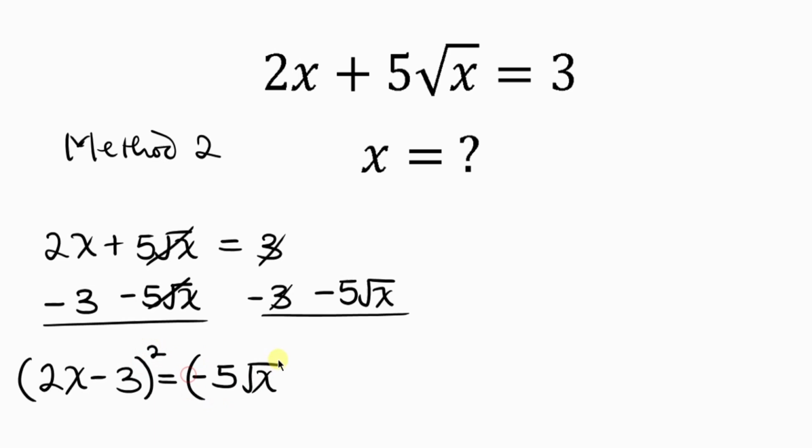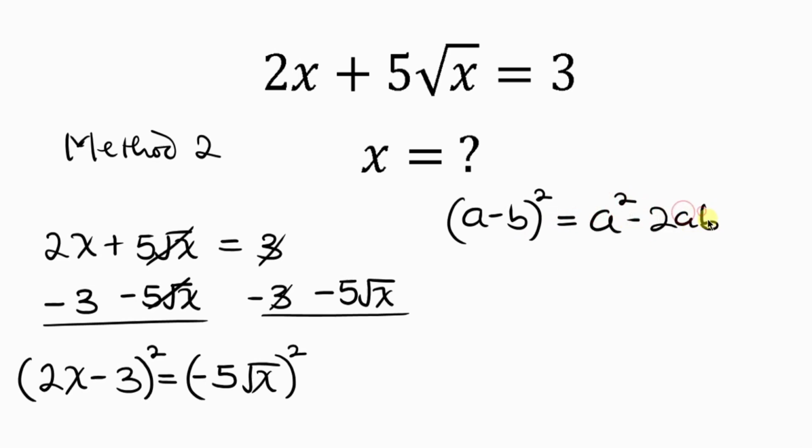Now, in order for us to get rid of this square root, we have to take the square of both sides. Now notice that the left-hand side is of the form a minus b all squared. And expanding an expression like this gives a squared minus 2ab plus b squared.